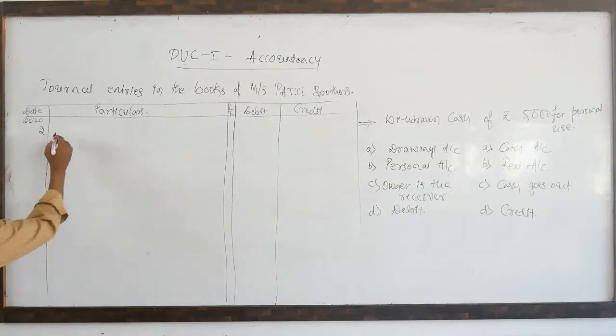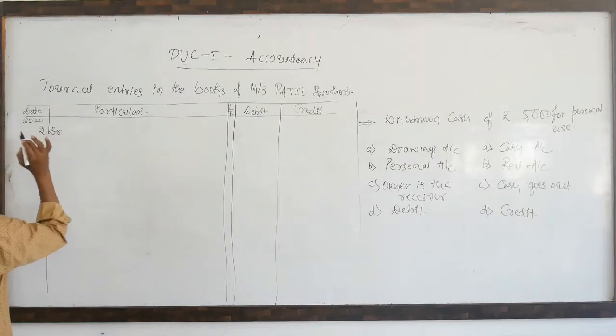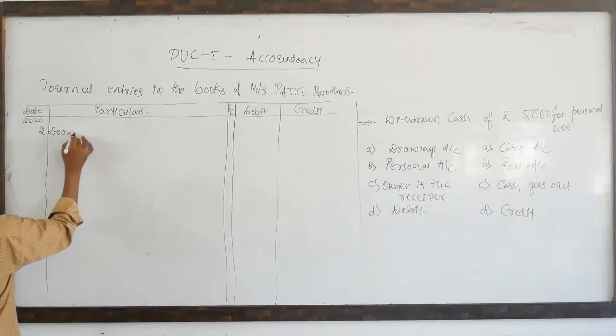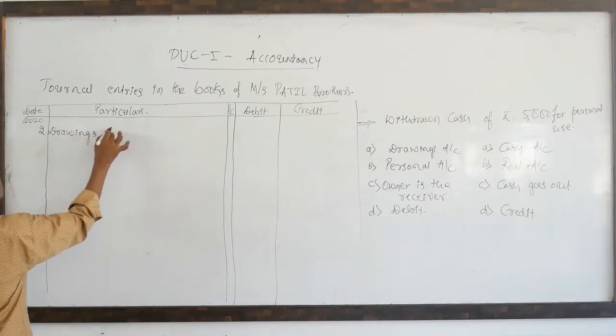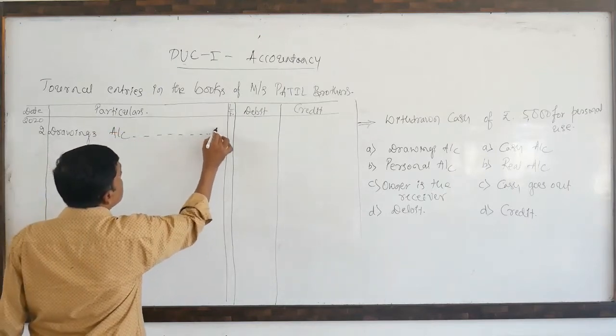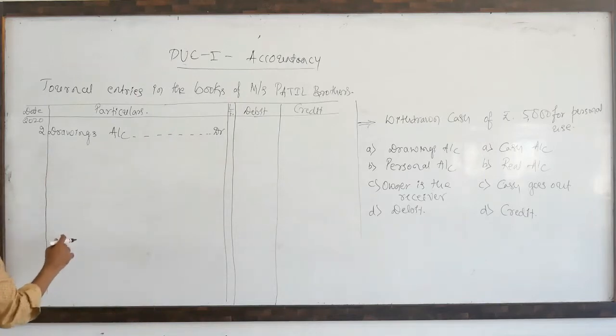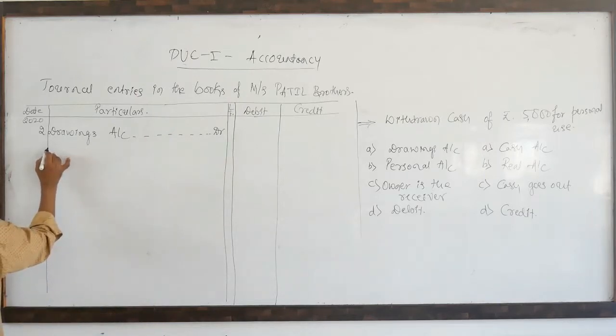As I said in the last video, the debit item should be written first, that is drawings. We need to start from this line: drawings account, debit, or you can write debtor, drawings account debtor. To here we need to leave some space.